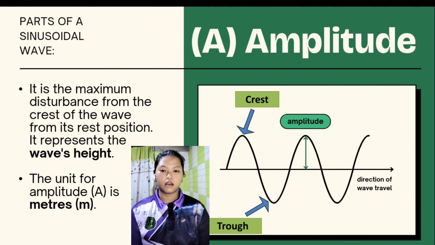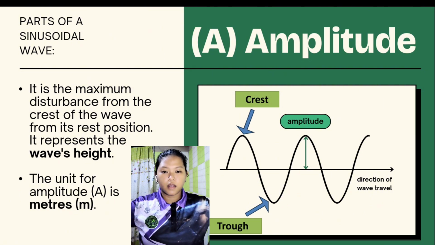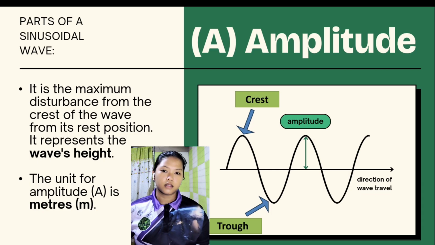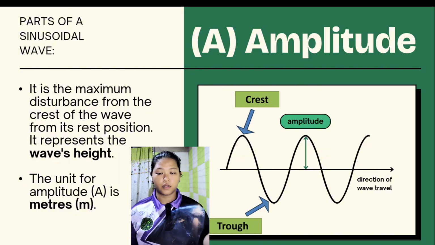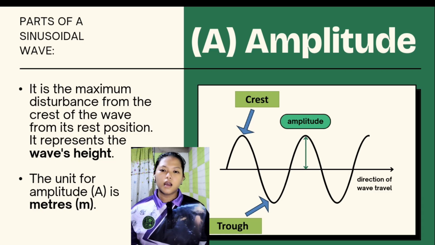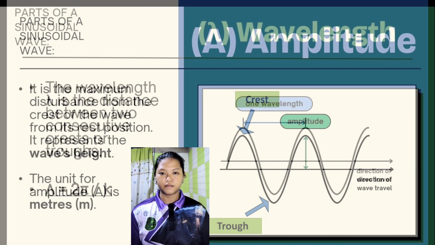This means that the amplitude is the maximum height of the wave from its rest position, or the middle line. For example, in a sound wave, a large amplitude means the sound is louder, while a smaller amplitude means it's softer. The unit we use for amplitude is meter.